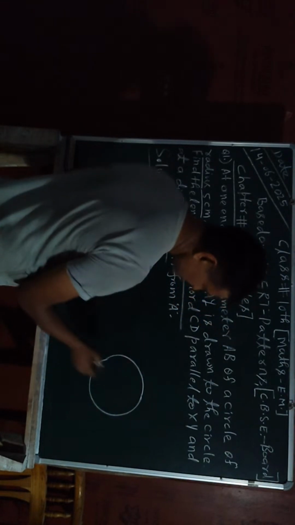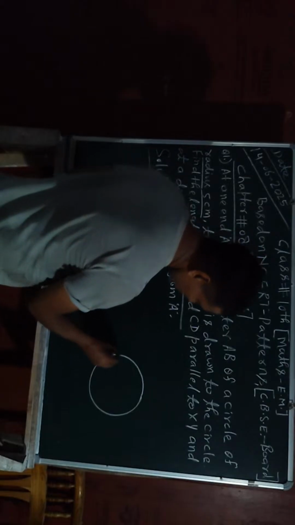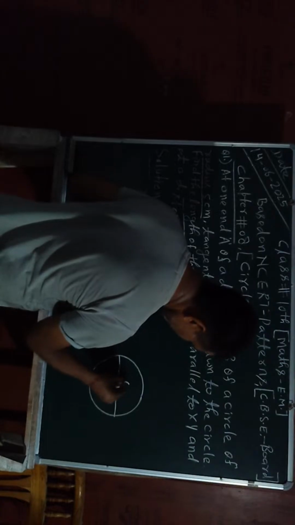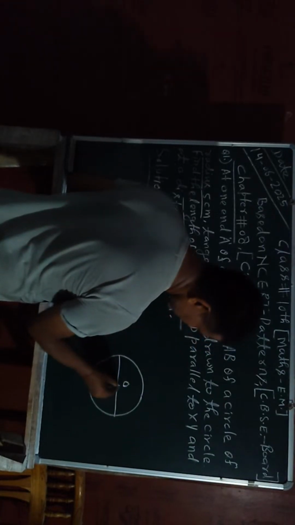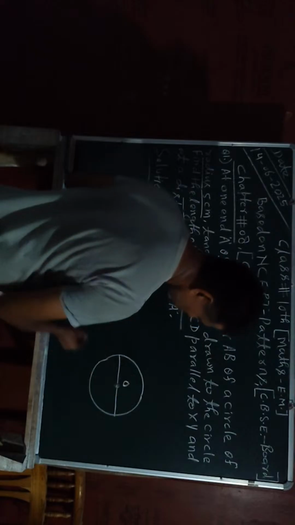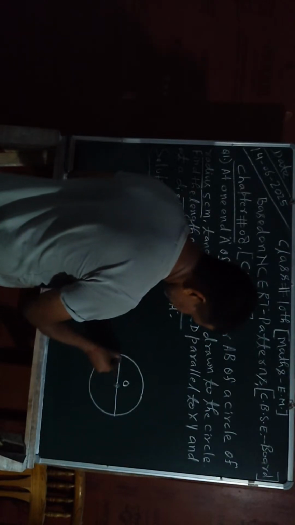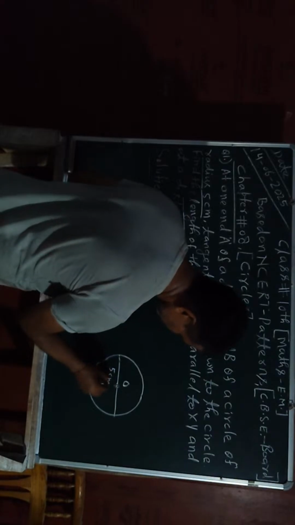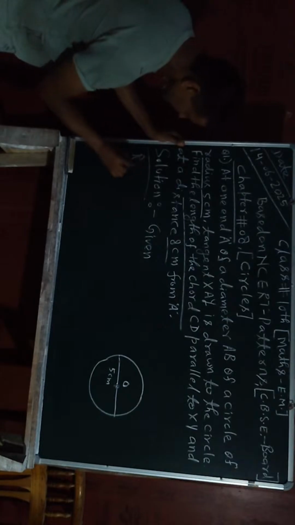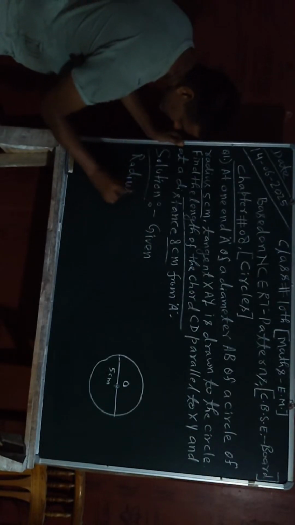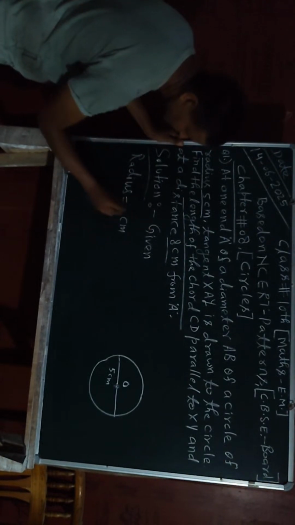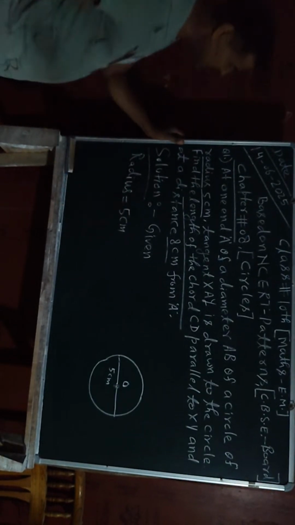So that diameter I will draw. This is the point C. Here I am going to write the point at the center of the circle. I am going to call it O, and this is the radius. This radius is given as 5 centimeters in the question, so I have to write that information here properly: the radius of the circle is 5 centimeters.